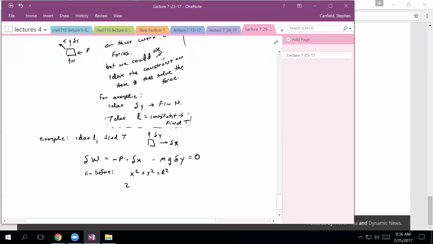The variational form is going to be 2 times x times the virtual x plus 2 times y times the virtual y equals 2 times L times the virtual L, but L we said was constant, so we're going to hold that fixed. And that gives my constraint in the virtual coordinates.